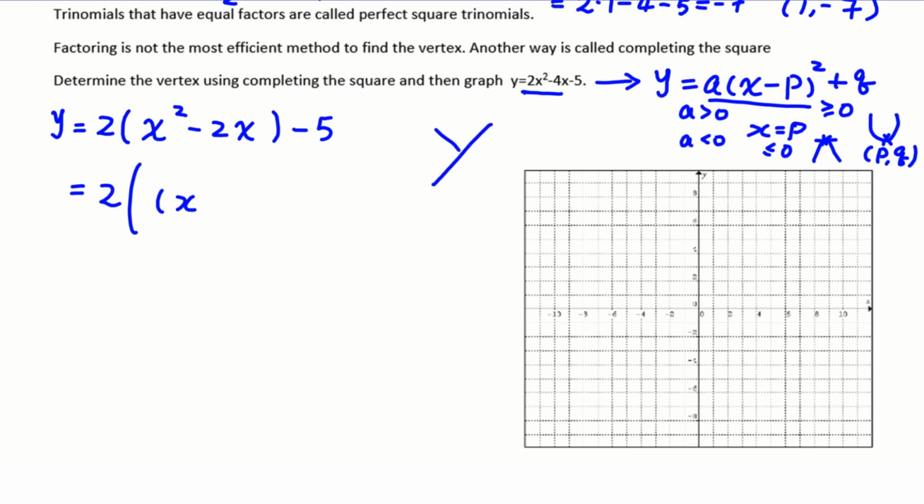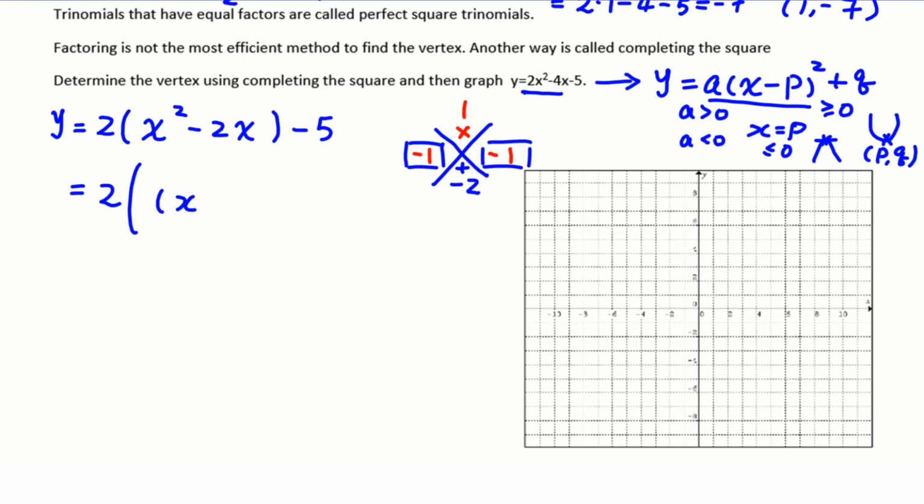So we are looking for two numbers that add together to equal -2, and in order to have a perfect square, these two numbers must be the same, that is your minus p. From this, two numbers add together equals this, and equal means each of them should be this divided by 2. So it's -1 and -1. Then we have the same thing: they add together to give you -2, and times together will be 1.